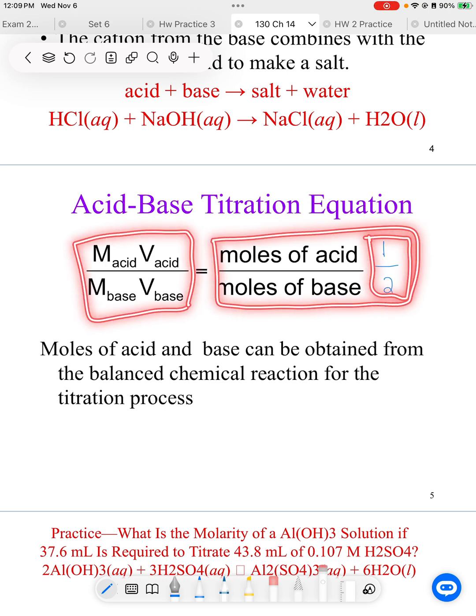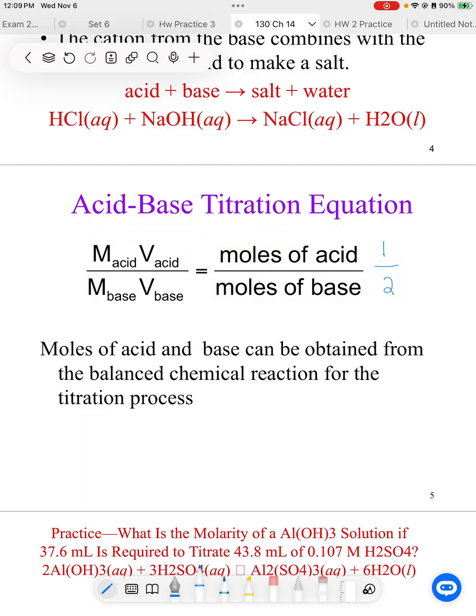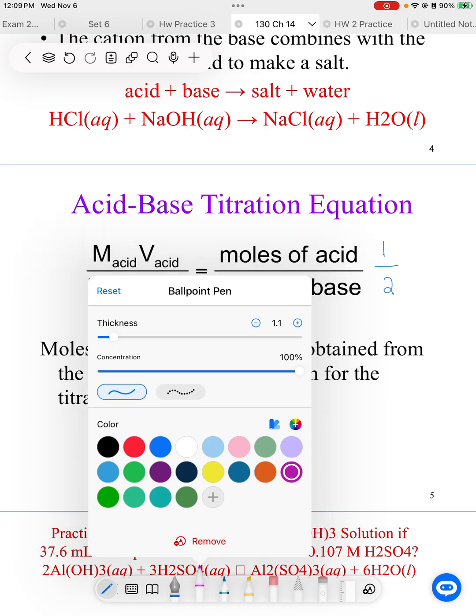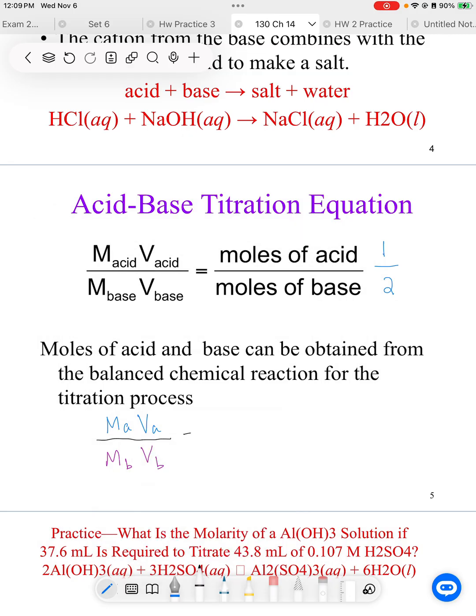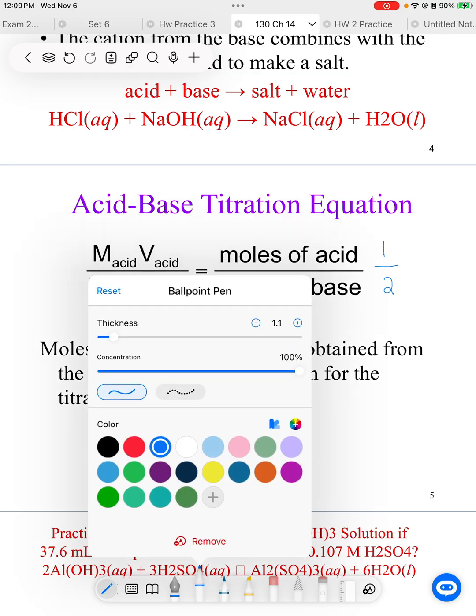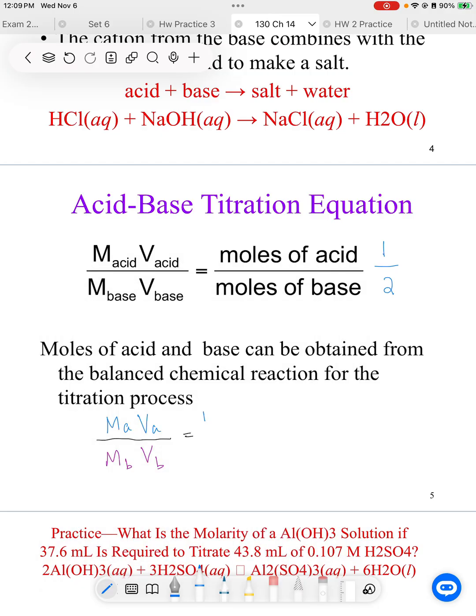I'm going to do acid in blue, so I have my molarity of acid and my volume of acid, and that's going to be divided by my molarity of base and my volume of base. And that is equal to the moles of the acid over the moles of the base. So we decided to do 1 half. Okay, we've got it all set up.